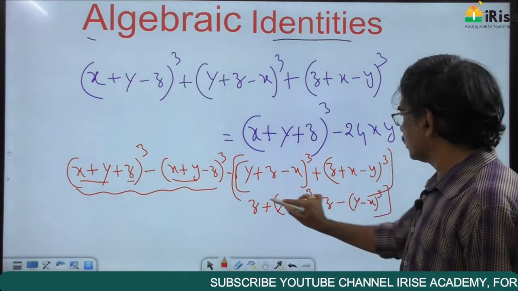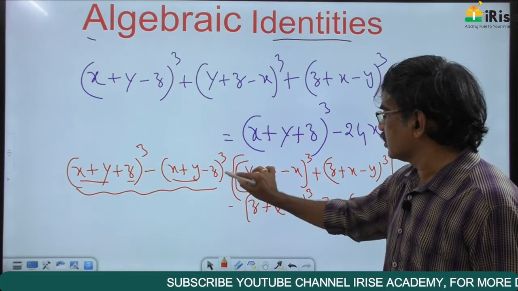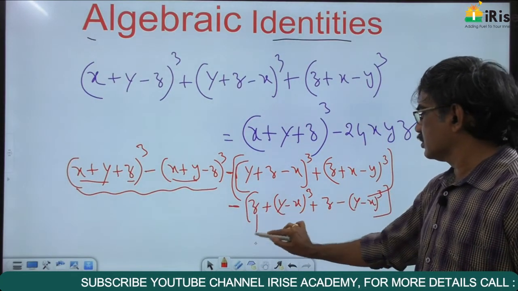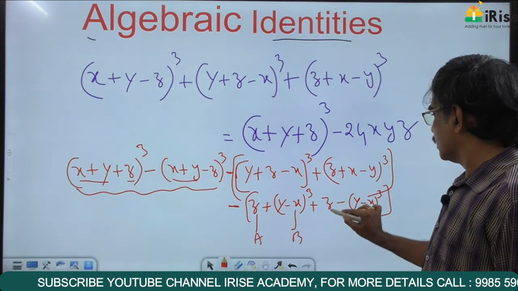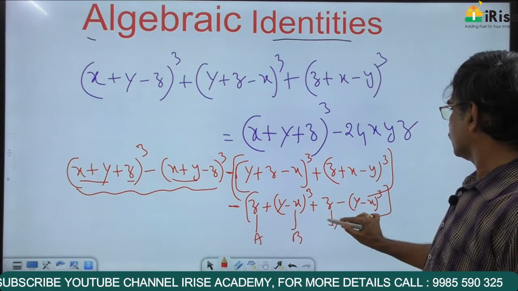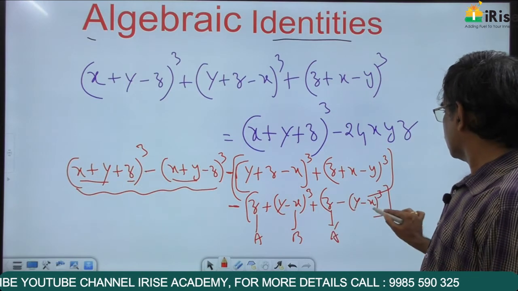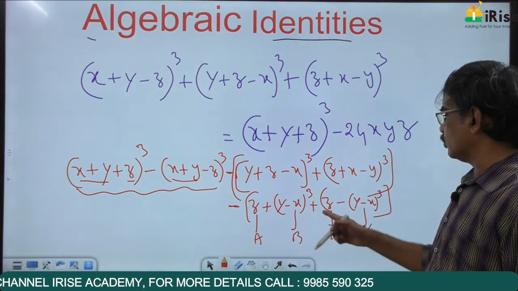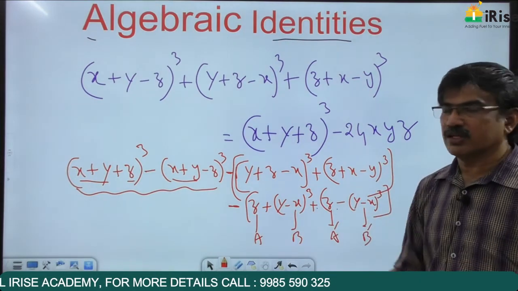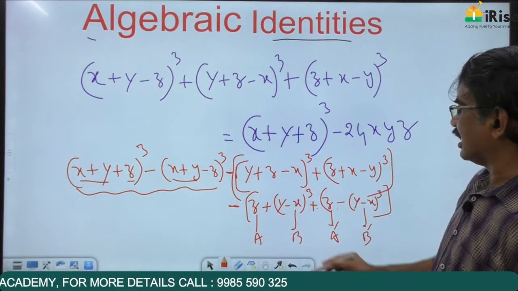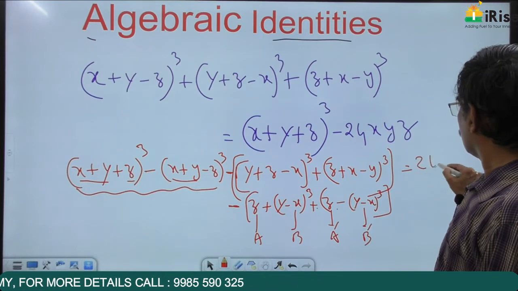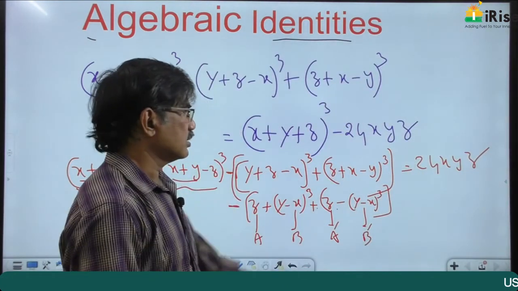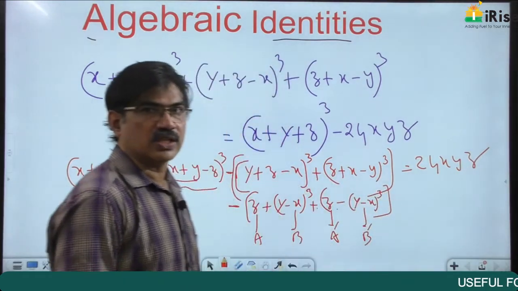Just by taking minus, this is a, this is b, this is a, this is b, this is the (a plus b) whole cube plus (a minus b) whole cube formula. If we simplify, we get the answer as 24xyz.